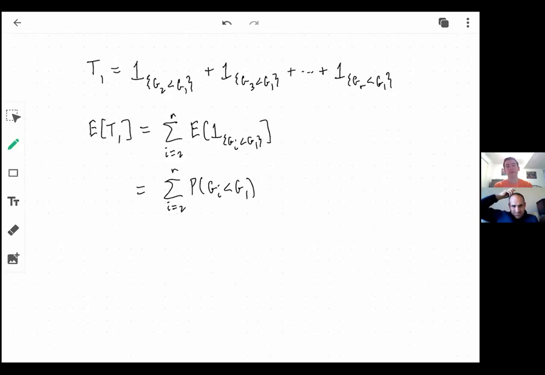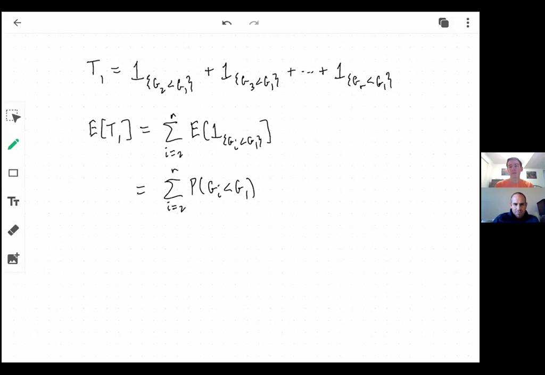Well, if you assume G1's caught on the nth catch, right? So this computation that we've done so far, do you agree? So we just need to figure out what's the probability that Gi is smaller than G1, right?